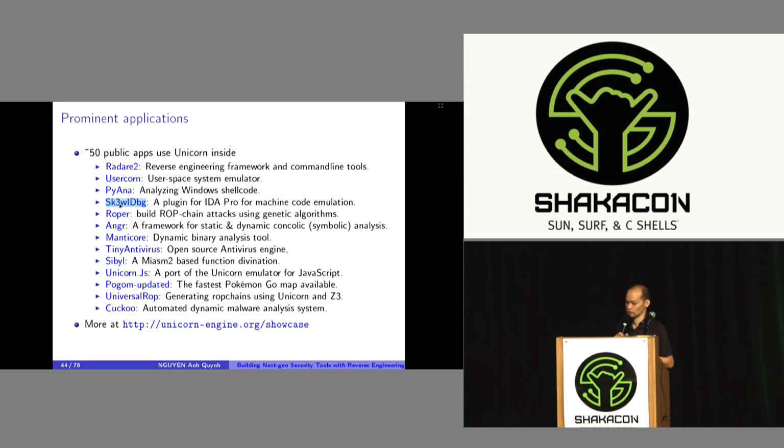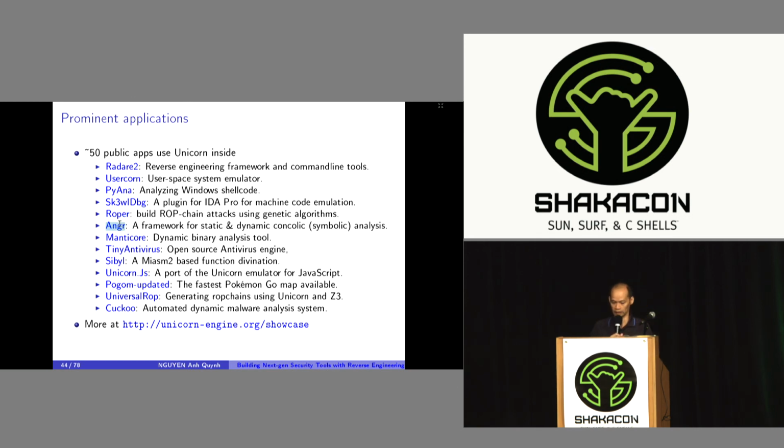And I think so far this is the only emulator for IDA that can emulate all the CPUs that Unicorn supports. You cannot have any other emulator for IDA that supports, for example, ARM64 or MIPS besides this tool. And this one is built on Unicorn. Ropper is another tool, for ROP gadgets to write exploits, using Unicorn inside.